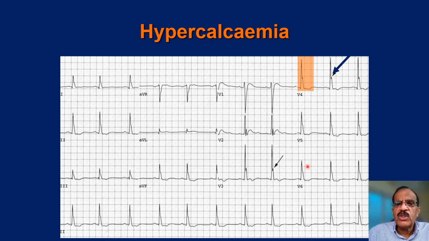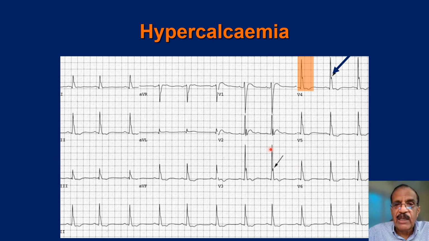Of course, a very expert can pick up hypercalcemia on ECG, but most people would be able to pick up this abnormality only when they were already suspecting hypercalcemia on the basis of the clinical scenario. There are various conditions where you could have hypercalcemia. So if you have that condition and you have this ECG, it would be interpreted as consistent with hypercalcemia, and once you treat hypercalcemia, these changes are likely to go away.